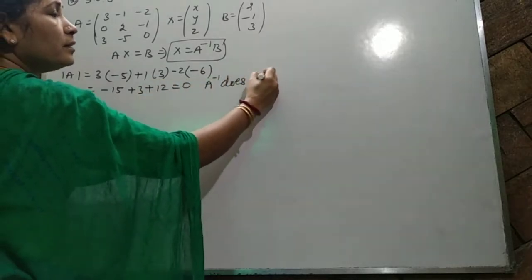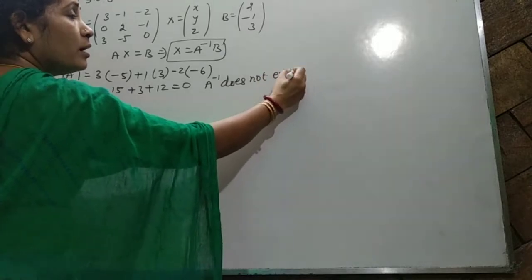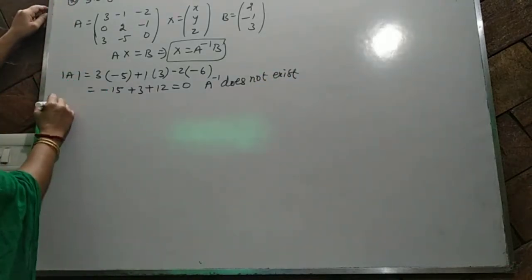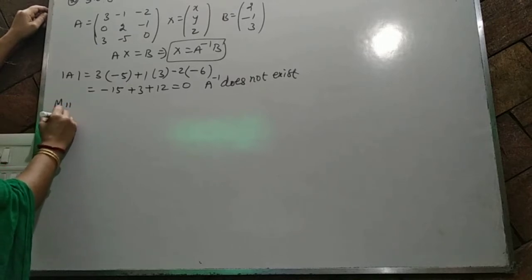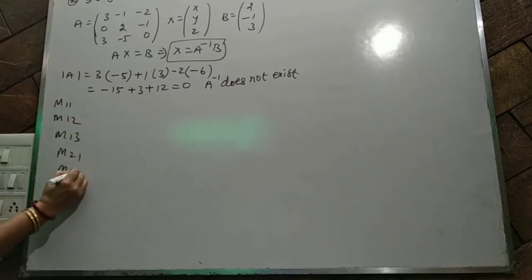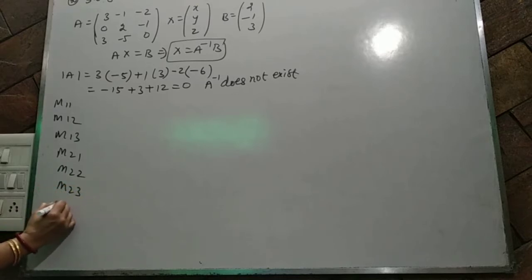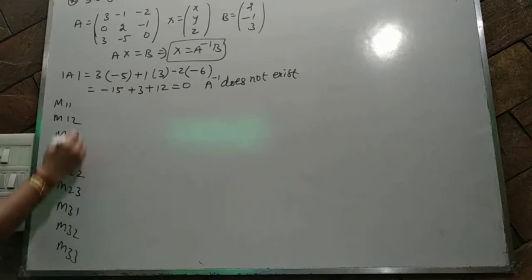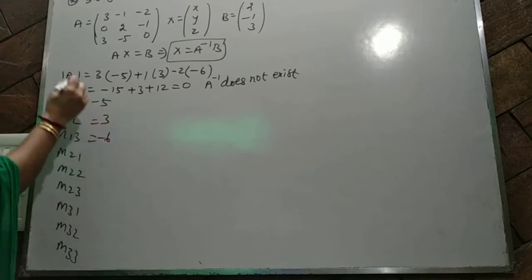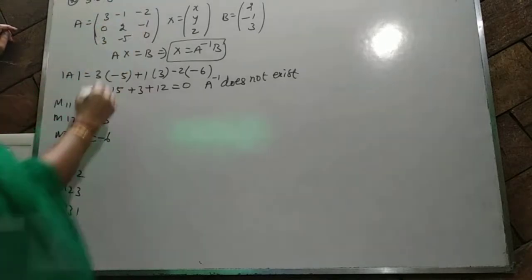Now let us see. Depending on the result, adjoint of A into B will give the answer. Now let me find the minors M11, M12, M13, M21, M22, M23, M31, M32, then M33. M11 we will get it minus 5, that is equal to 3, that is equal to minus 6. 2, 1, 0, minus 10.